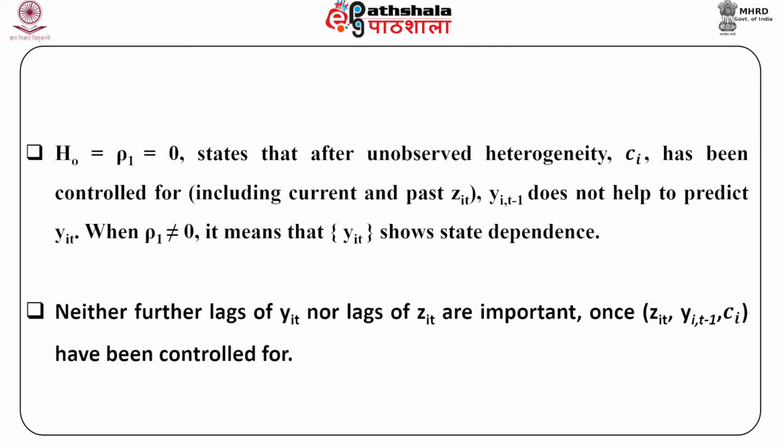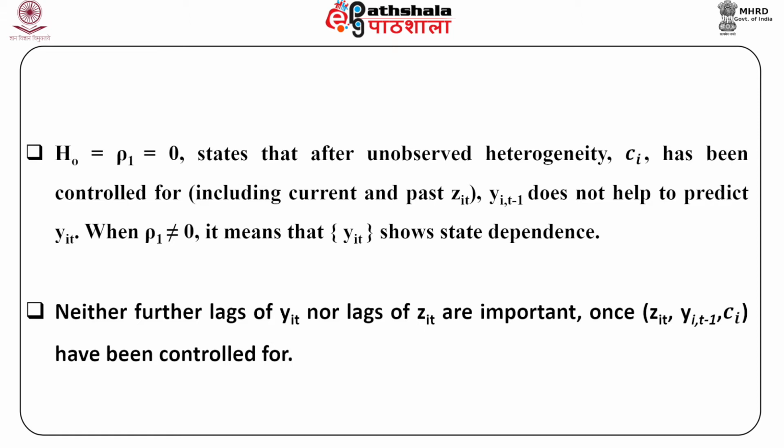What is the hypothesis? The hypothesis is that H naught: rho_1 equals 0, which states that after unobserved heterogeneity C_i has been controlled for, including current and past Z_it, Y_i,t-1 does not help to predict Y_it.